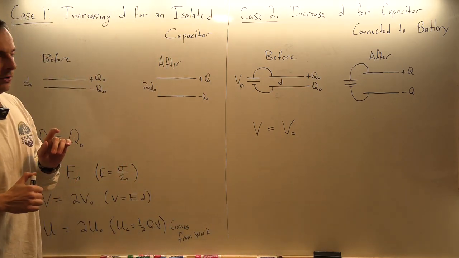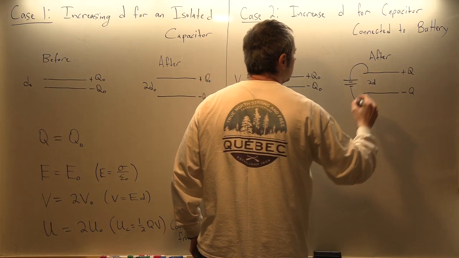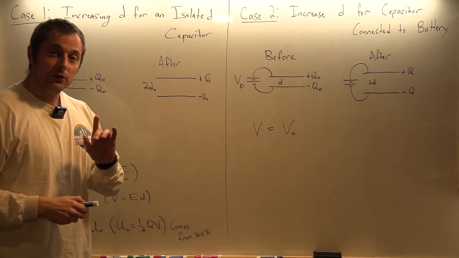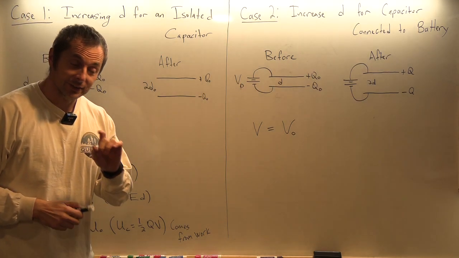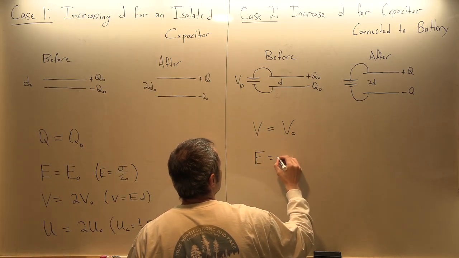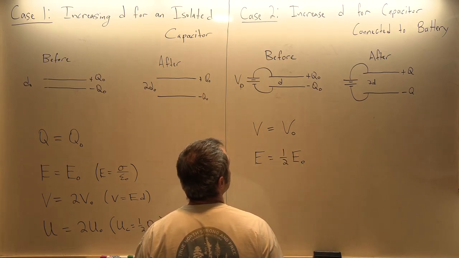The next thing we could reason out, 2D over here, is that the electric field must decrease. Okay, E new is 1/2 the E old.